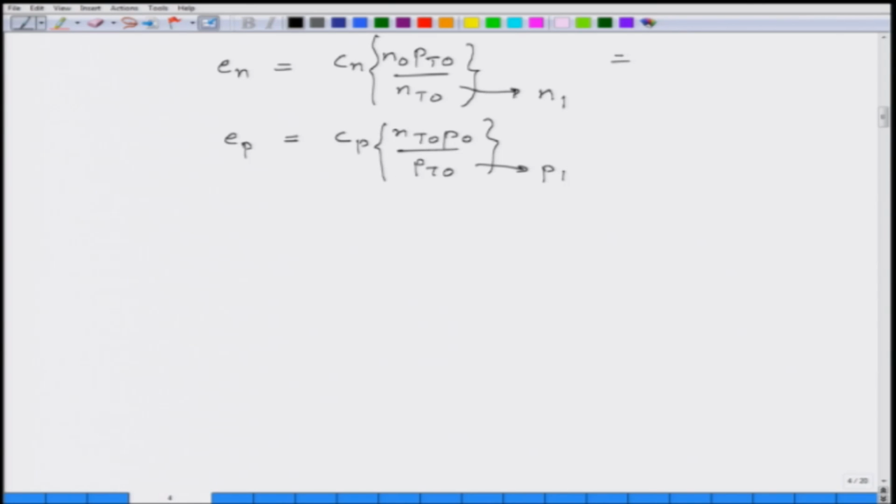Then it becomes a shorthand and we can write this as C_n n_1. Now, n_1 is a new parameter. What is this parameter? n_1 is equal to n_0, the equilibrium concentration of electrons, times the number of equilibrium traps not occupied by electrons divided by the number of equilibrium traps occupied by electrons, and p_1 is p_0 n_T0 over p_T0. So, we have a shorter notation for writing the emission coefficient in terms of the capture coefficient.